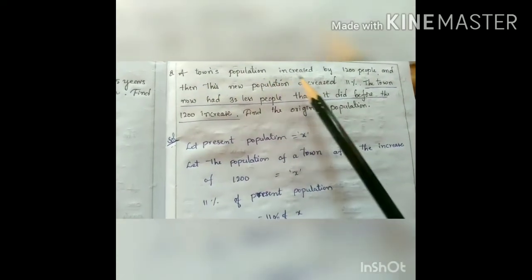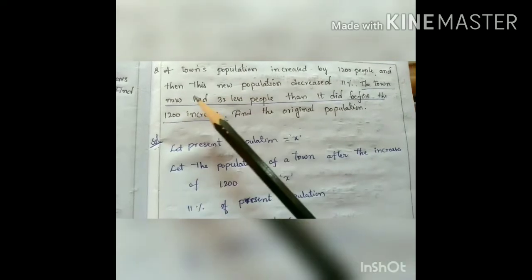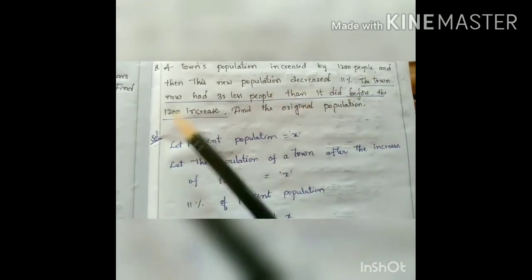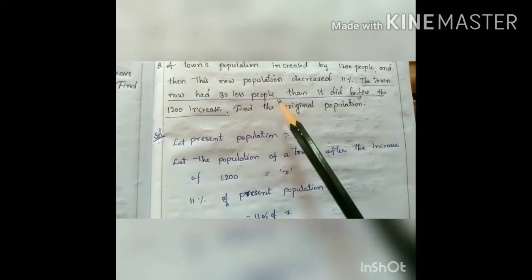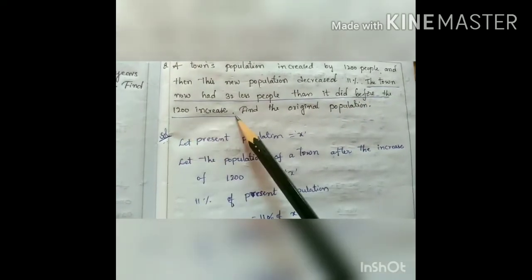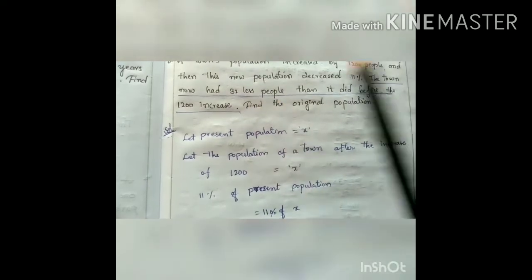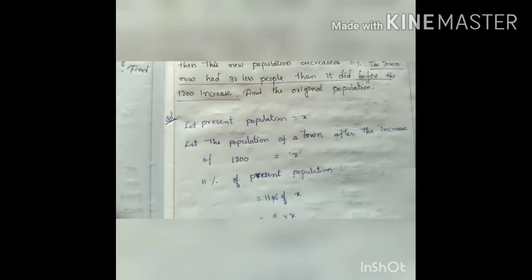The town now had 32 fewer people than it did before the 1200 increase. Find the original population.